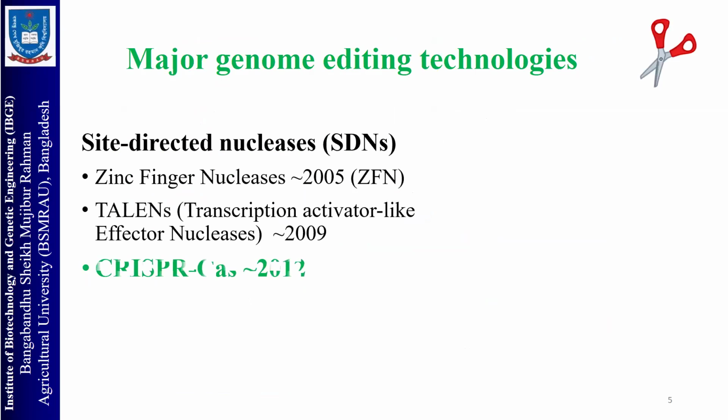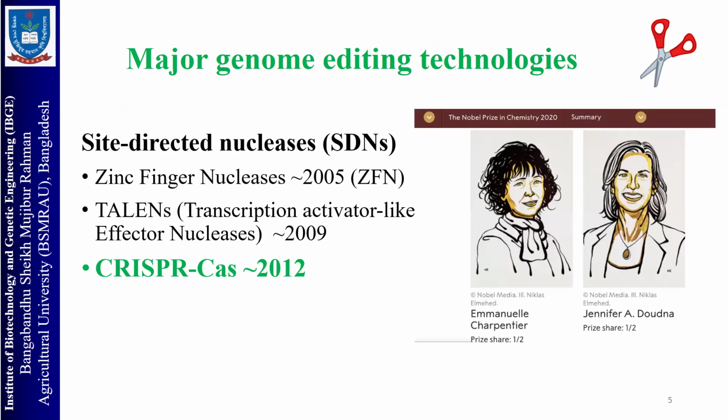So major gene editing technology I already discussed. Three major technologies have been discovered: zinc finger nuclease, TALENs, transcription activator-like effector nucleases, and CRISPR-Cas methods. And CRISPR-Cas is the latest one, discovered by Emmanuelle Charpentier and Jennifer Doudna group, and they received the Nobel Prize in 2020 in chemistry because this method is the smartest gene editing method.